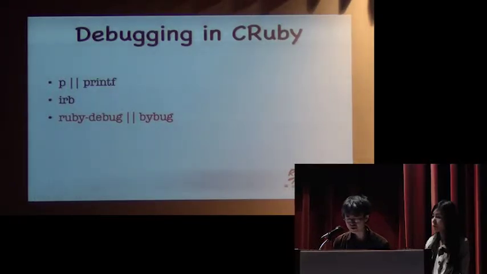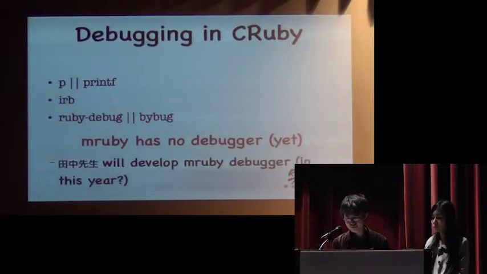The third method: if you are a CRuby programmer, you may know debuggers such as ruby-debug or byebug. But as we said, unfortunately, mruby has no debugger yet. I heard Tanaka sensei will develop an mruby debugger, but it will be released maybe later this year.